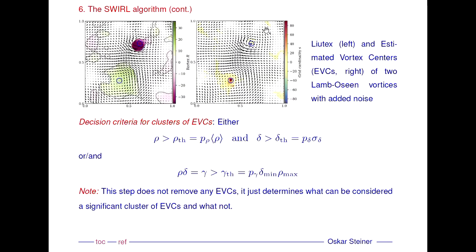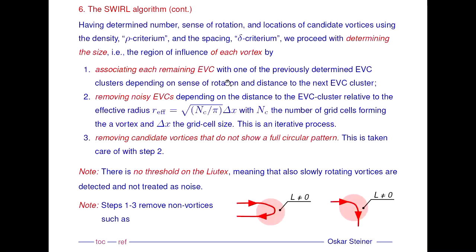This plot here is now the estimated vortex centers, and they peak very, very sharply and close to where we have actually put the Lamb-Oseen vortex. So I think it's a better way to determine the center of the vortex than it would be otherwise.